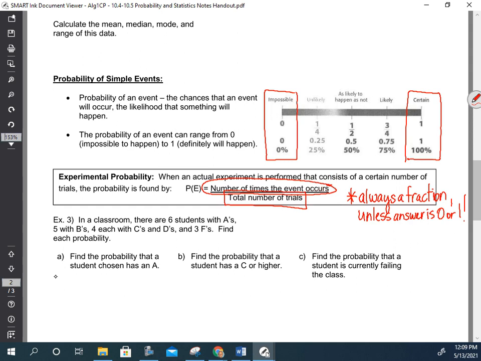So it's always a fraction, unless the answer is 0 or 1. So the only thing you really have to do is to read, read, read, and read.